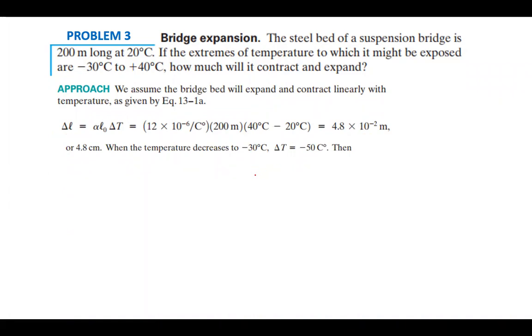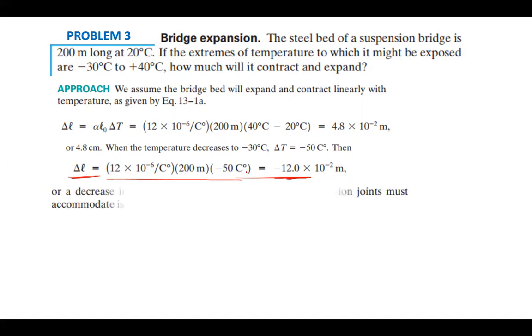This will be negative 30, which is the final temperature, minus the initial temperature, which is 20. This will give you negative 50. That is the change in temperature. Then you replace it in the same equation, also replacing L naught and alpha. This alpha has been gotten from the table that I showed you. Then you find the change in length there.